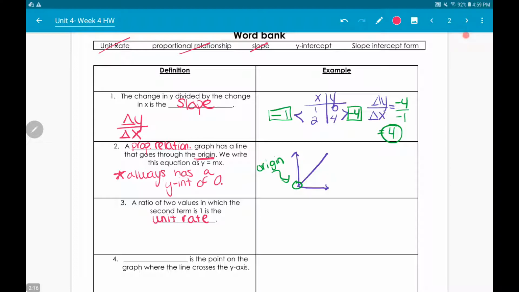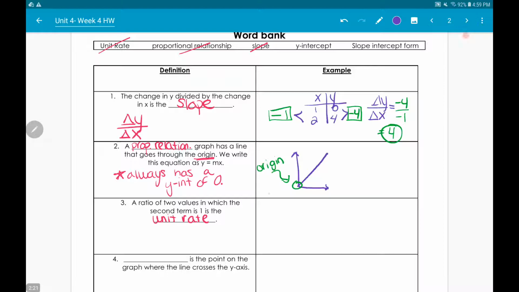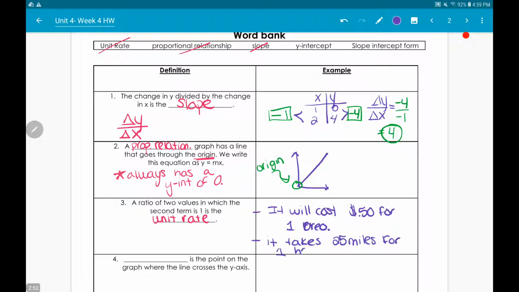All right, and what we mean by that is it will cost 50 cents for one Oreo, or it takes 25 miles for 1 hour.